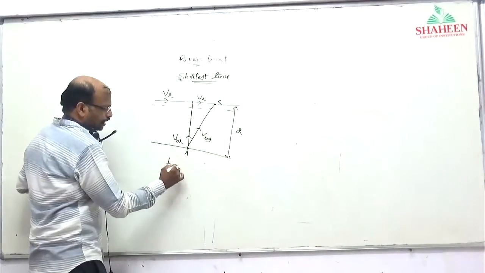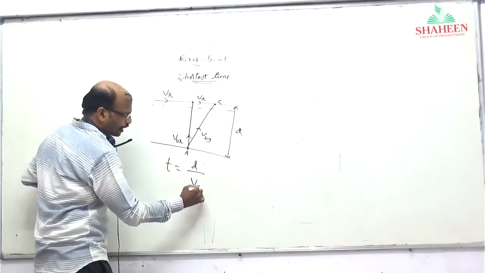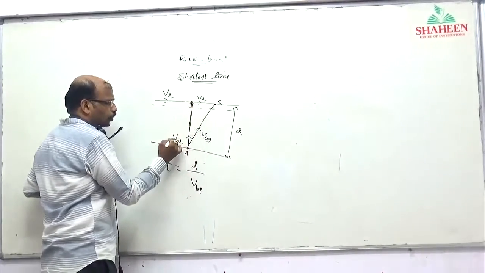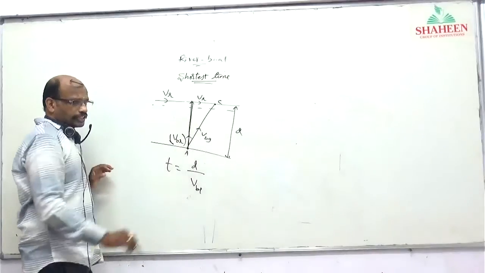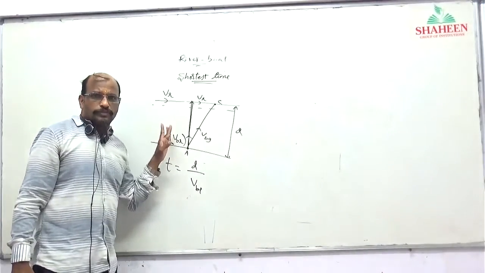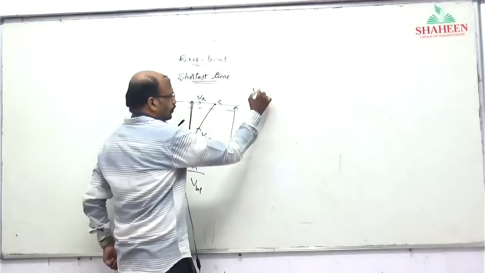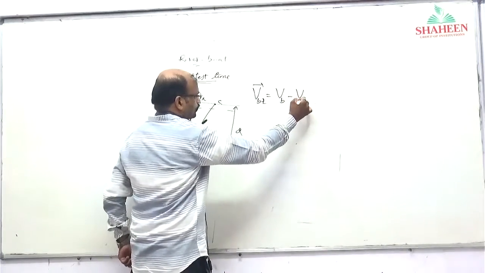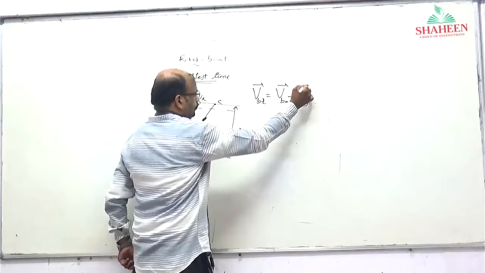So time taken in this case is what? Width of the river by VBR. Perpendicular velocity of boat with respect to river is in this direction. That velocity, VBR, velocity of boat with respect to river, is responsible here. Velocity of boat minus velocity of river with respect to ground.